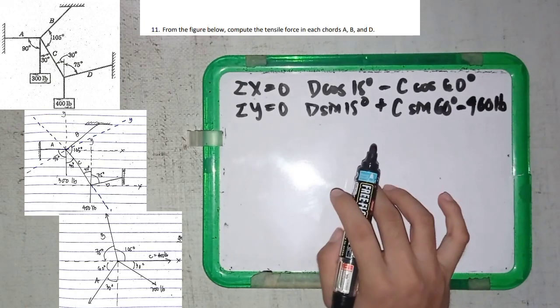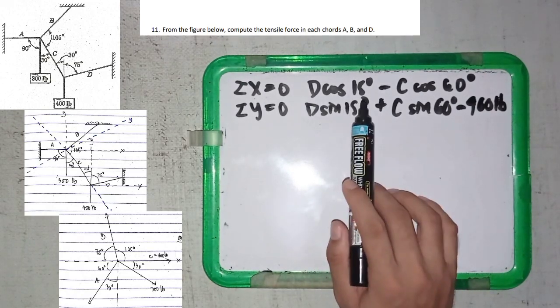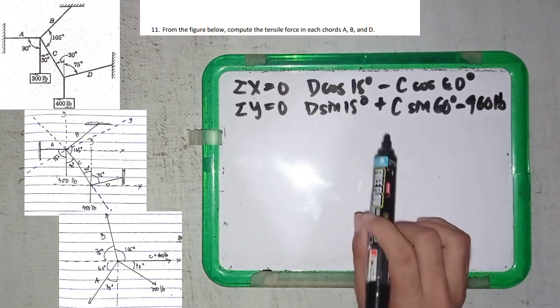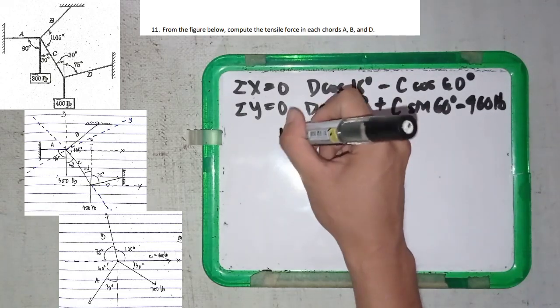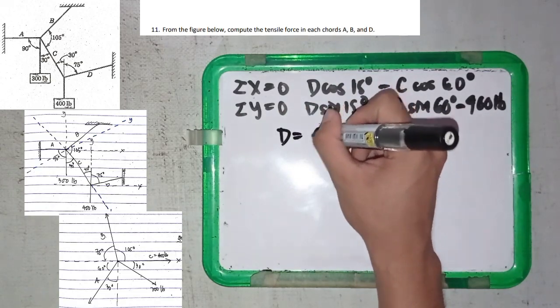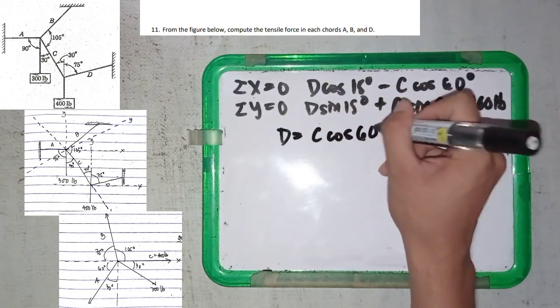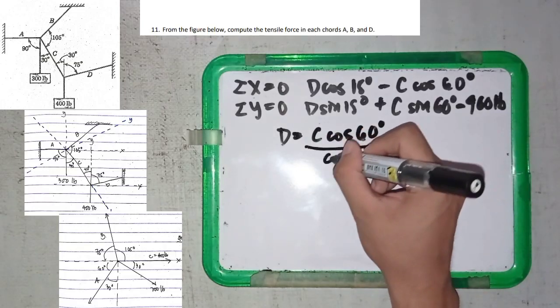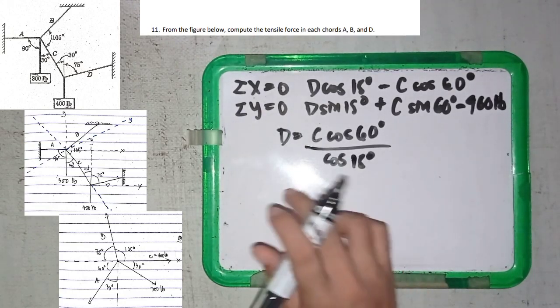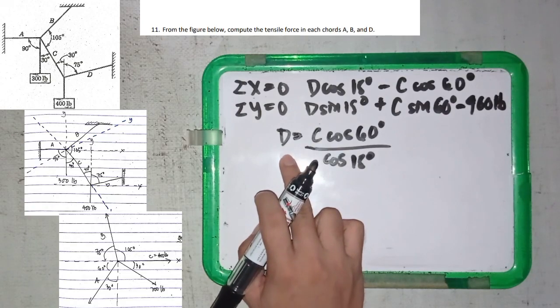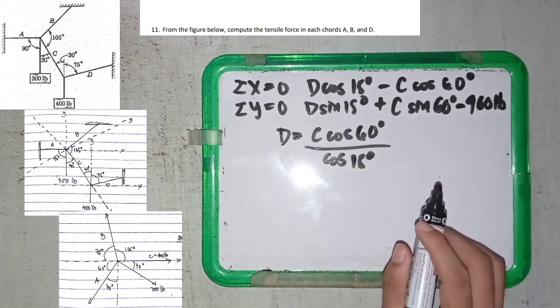Next, we are going to isolate D. We can choose either this equation or this equation, so we choose the top equation. D is equal to C times cosine 60 degrees all over cosine 15 degrees. Then we apply this D to the second equation, or solve simultaneously.